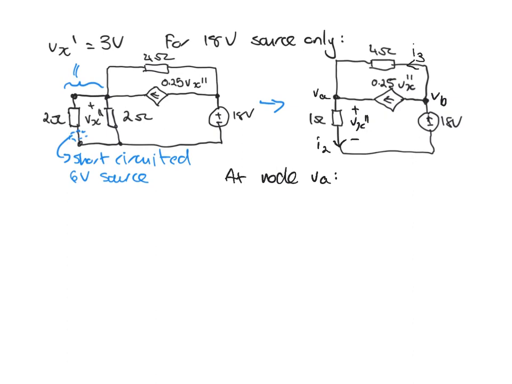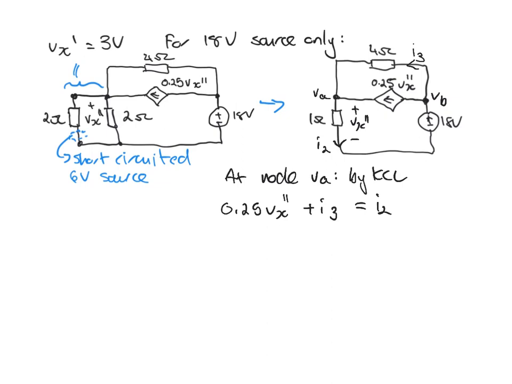At node VA, by Kirchhoff's current law, we have flowing into the node the dependent source, which is 0.25 Vx double dashed. And we've also got flowing into the node I3, and flowing out of the node we have I2. So 0.25 Vx double dashed plus I3 must be equal to I2.